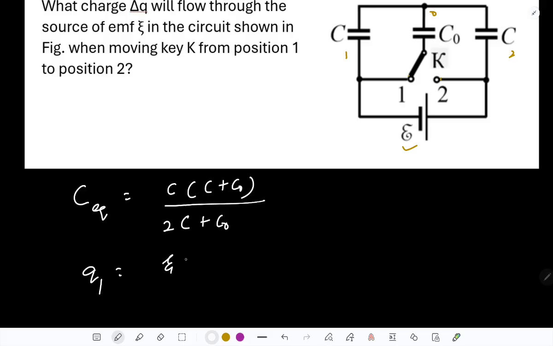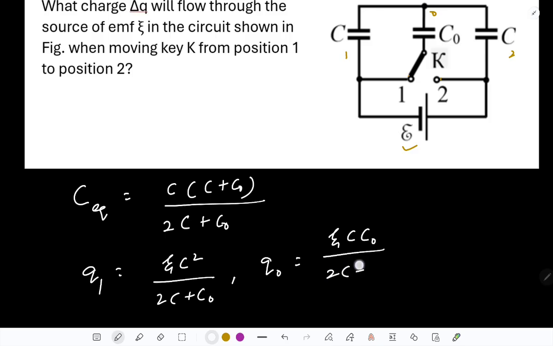That will be EC square by 2C plus C0, and charge on capacitor C0 as Q0, and that will be ECC0 divided by 2C plus C0, and charge on capacitor C on right, that is indexed as 2. So the charge on this can be written as Q2, EC(C plus C0) divided by 2C plus C0.